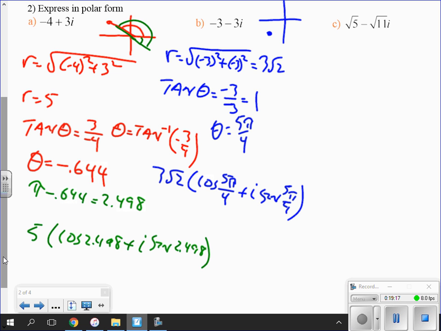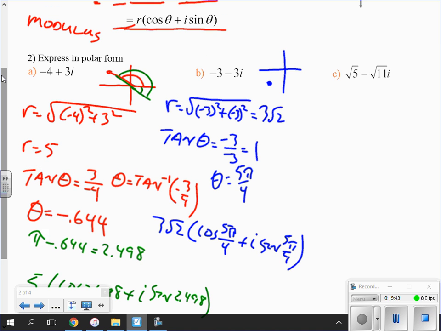Okay, let's do the last one. First thing you do, sketch the point where it will be.